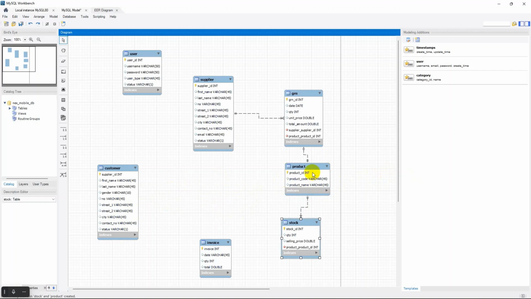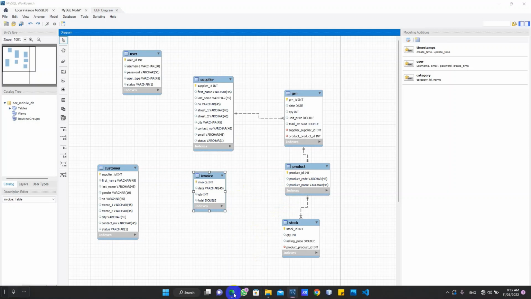So the third table belongs between the customer and the product table, which is the invoice table. In the invoice table they should store who bought the product, from the customer ID, and what products they bought, from the product ID. So we can move to the next question.